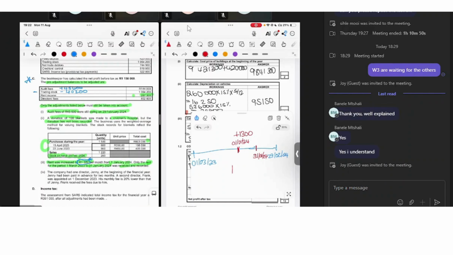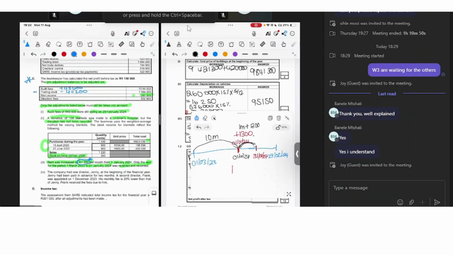So as you can see, we received rent for these 10 months from March to the 1st of January 2024, and that was before the increase. And then here, this was after the increase, meaning it was 1M plus 1,300.